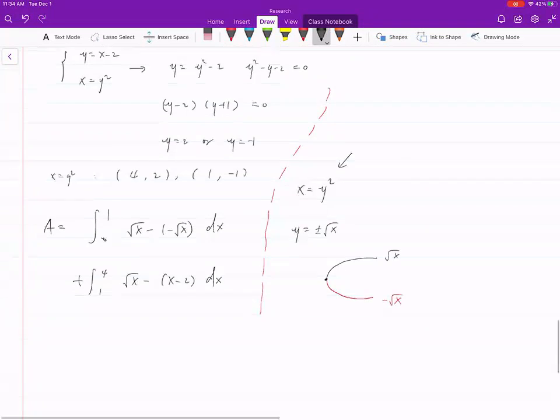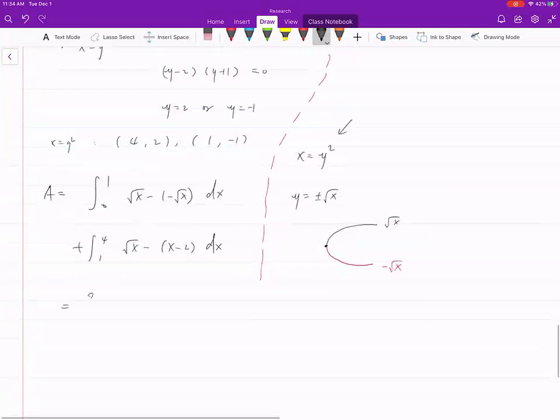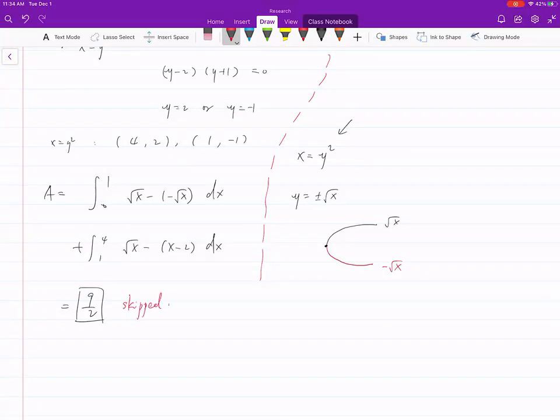Okay. Again, I skipped the computation. It should be 9/2. Do it by yourself. The harder part is try to set this up.